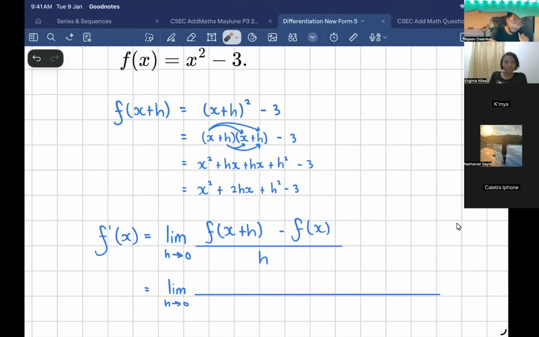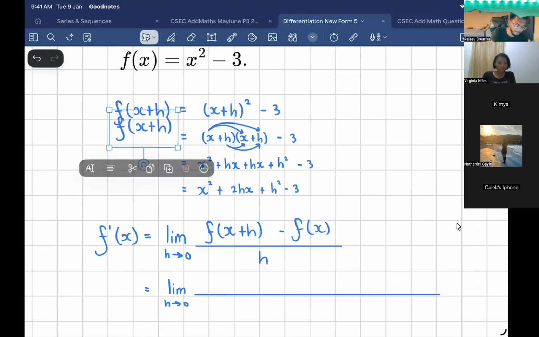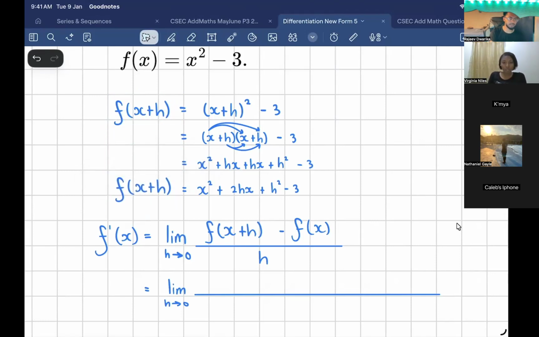So f of x plus h is really just what? What's f of x plus h? x squared plus 2hx plus h squared minus 3. Do you understand that this is f of x plus h, because I plugged in x plus h and simplified it?